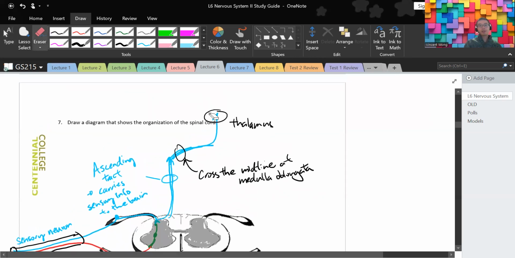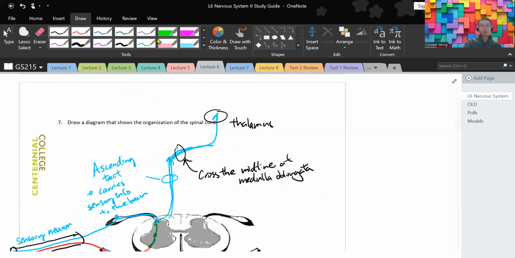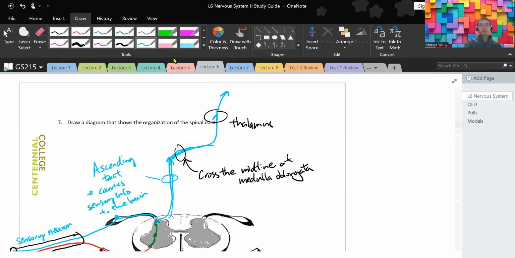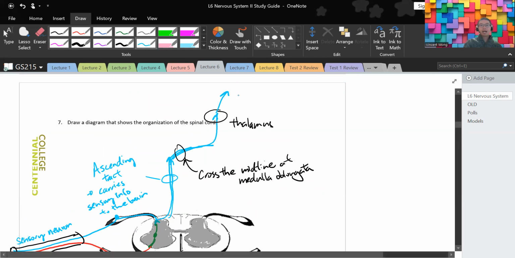Okay, if the information is important enough, then it will get projected to the appropriate part of the brain. So in this case, because we're talking about like, touching something hot, it will go to the primary somatosensory cortex in the parietal lobe. Okay.